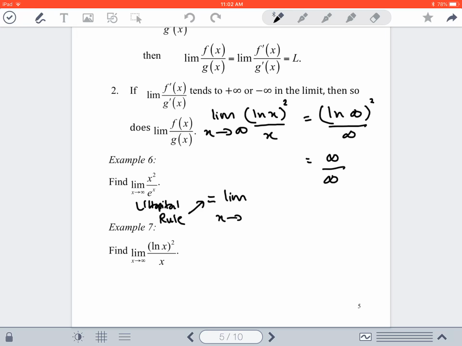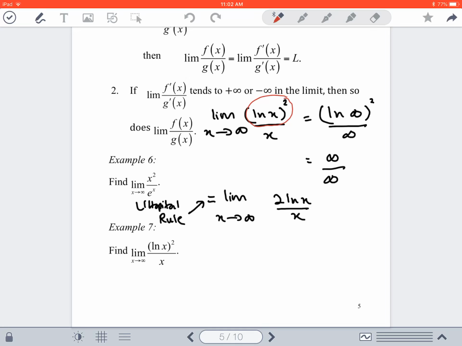Differentiate them. So (ln x) squared gives 2 ln x over x. That's the answer for the numerator. The numerator here is a multi-layer expression, which means you have to apply the chain rule.